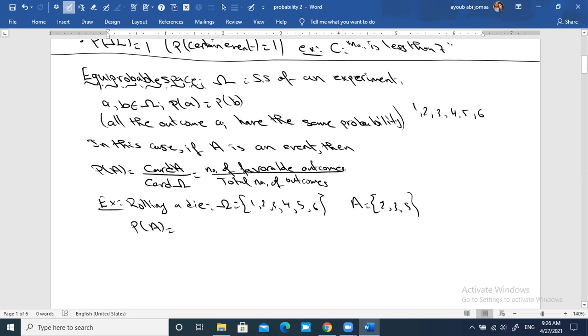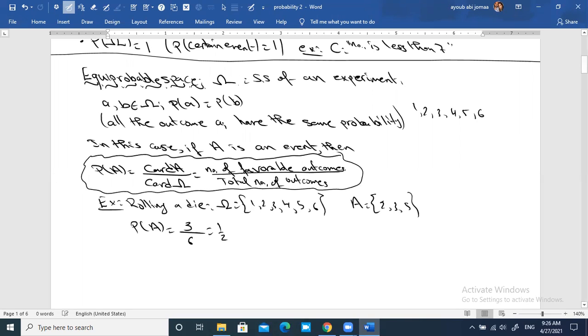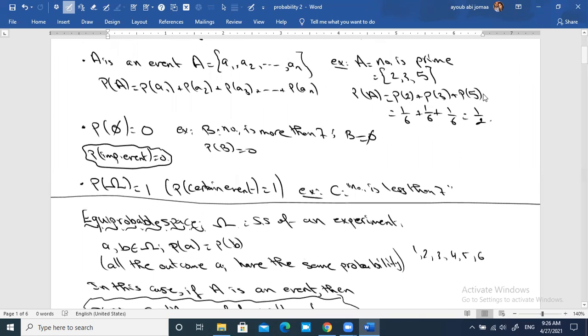They have the same probability. The chance to get 1 or 6 or 5 is the same. So I can apply this property here. The probability of A will be the cardinal of A, which is 3, over the total number of outcomes, 6, which is 1 over 2. This is what we got a moment ago. Probability of A is 1 over 2.